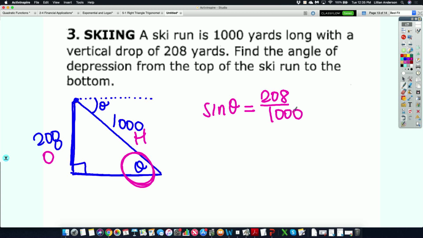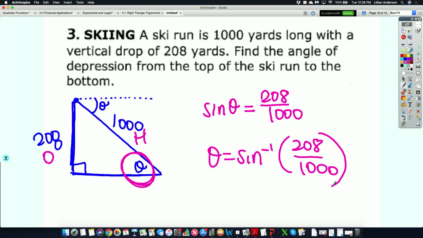And because I'm looking for an angle, what do I use? The inverse of sine. I type that into my calculator. I get an answer. What's my angle? 12 degrees. Okay, that's not too bad of a ski run. It ain't like a death drop. It's just 12 degrees.